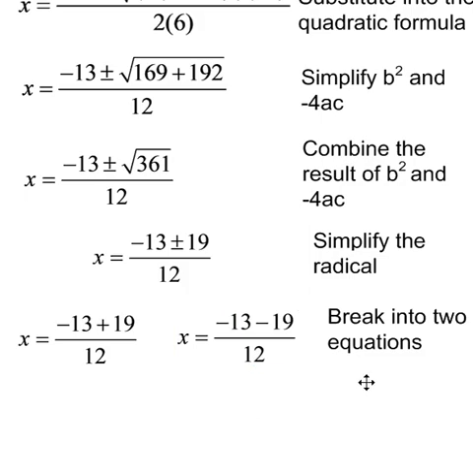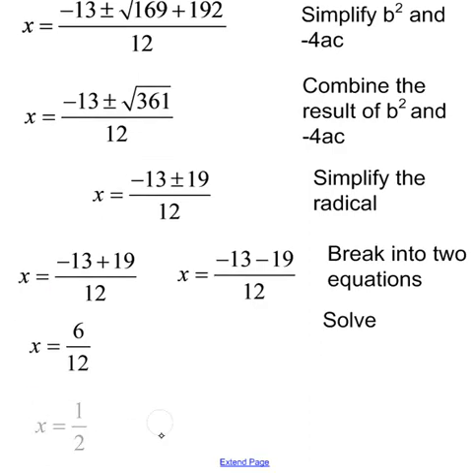Now I'm just going to solve each equation. Negative 13 plus 19 is 6, so you get x equals 6 over 12, which is 1/2. Over here, negative 13 minus 19 is what? That's negative 32. So we get x equals negative 32 over 12, and we could simplify that, and it simplifies to negative 8/3.